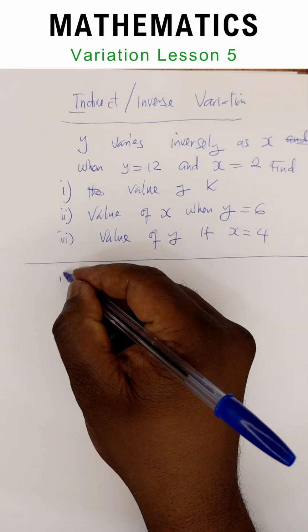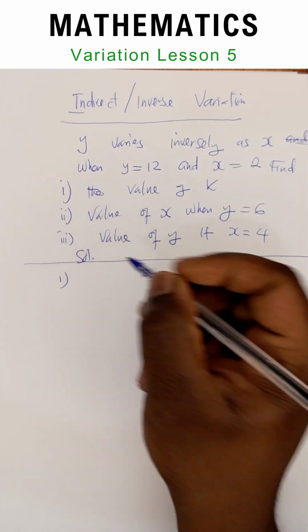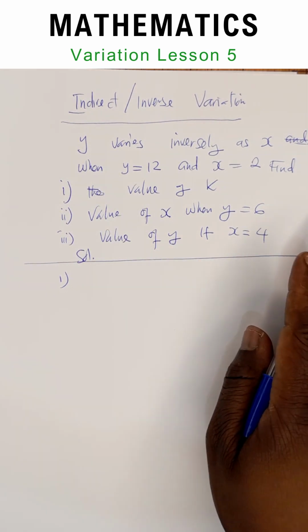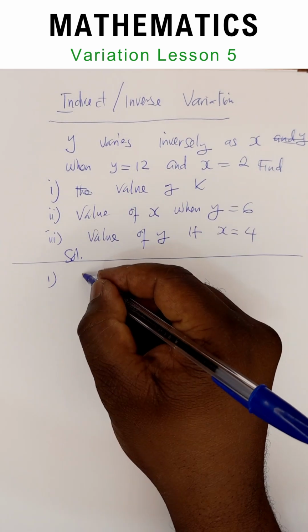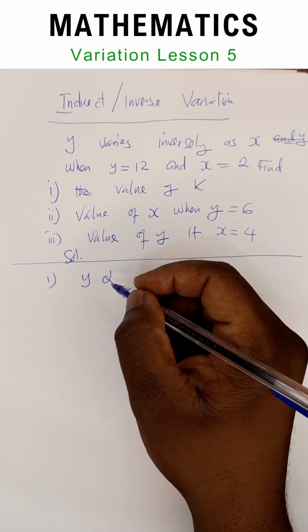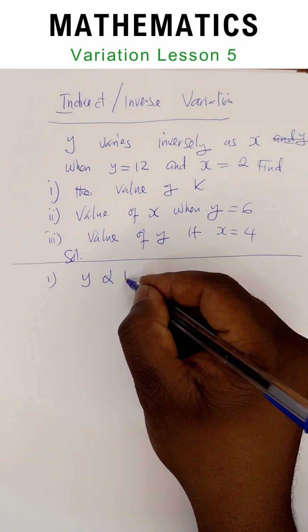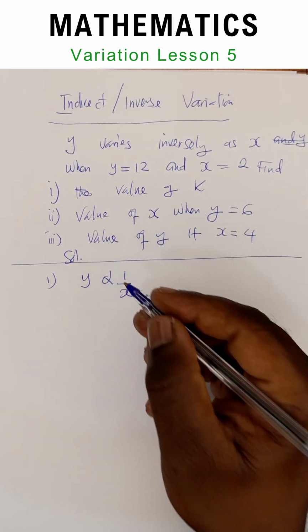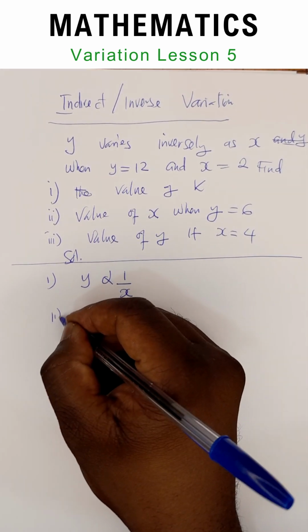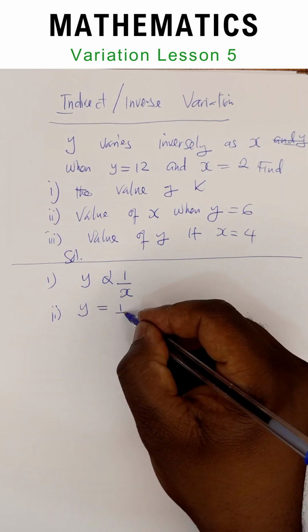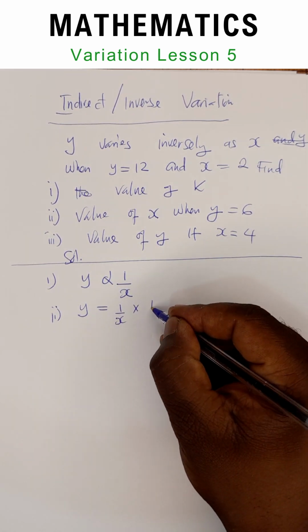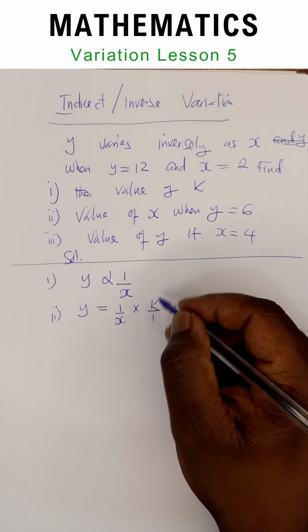Number one, as usual, they say solution. They say y varies inversely as x. So we write y varies inversely as x. Inverse means 1 over x. That's a key. Then number two, the moment you introduce an equal sign, we say y is equal to a constant of proportionality has to be introduced, the k, which is over that.